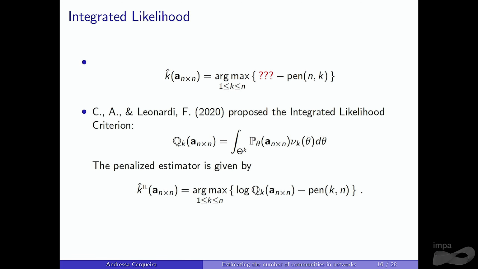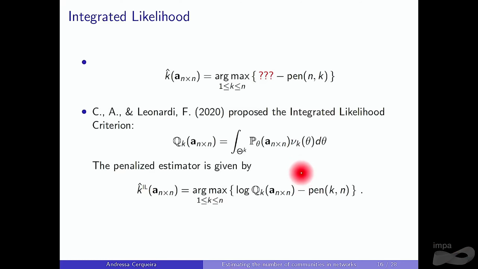What we did in 2020, we proposed to use, instead of the likelihood or the profile likelihood, the integrated likelihood. So it's a quantity based on the likelihood. So what is this quantity here? I just take the likelihood, so I can look at this quantity as, for example, the probability to have a network given the parameters, right?